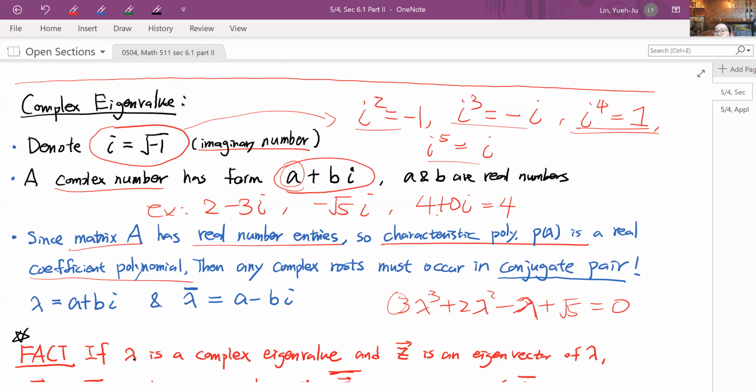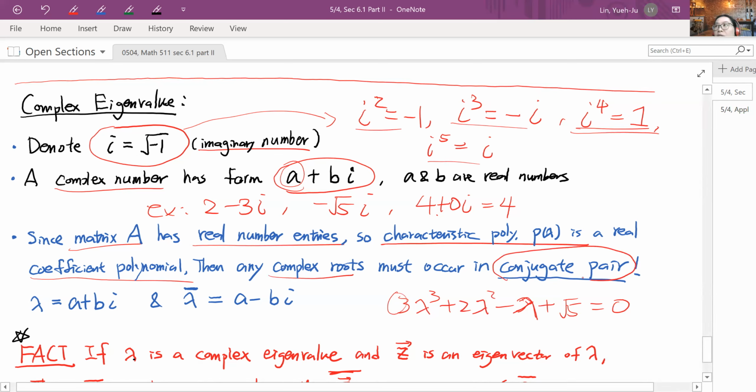It turns out that, remember, in the quadratic formula you have this plus and minus. That tells you that if you see a complex root, it will occur in a pair. This is what we call the conjugate pair.